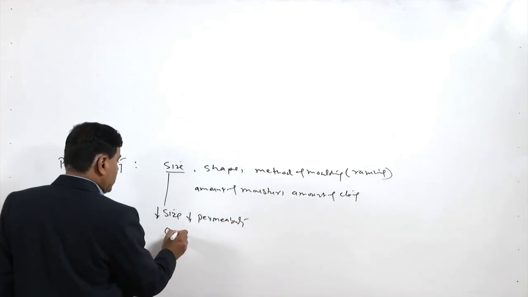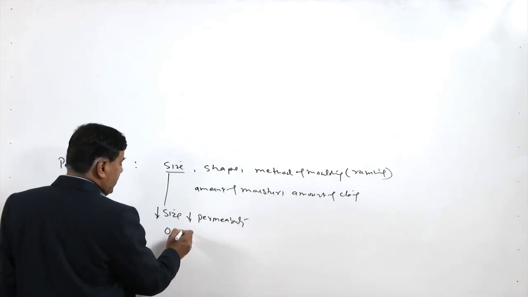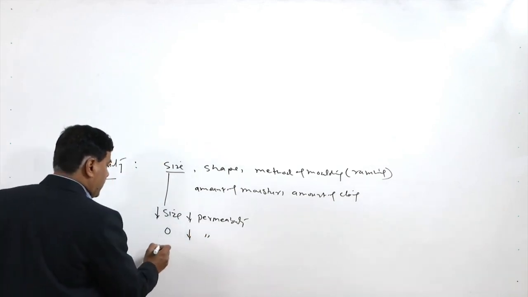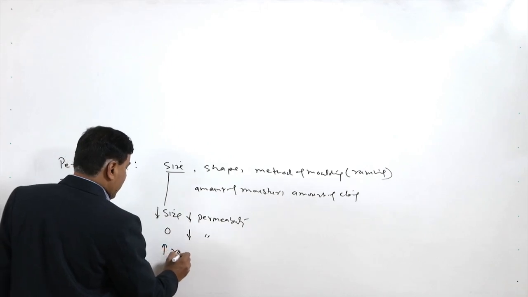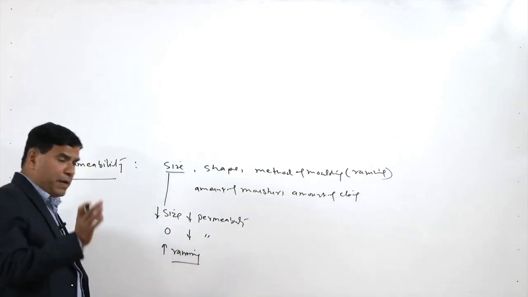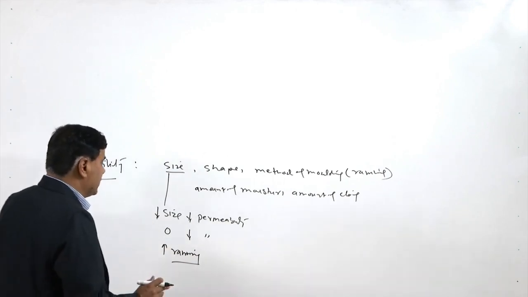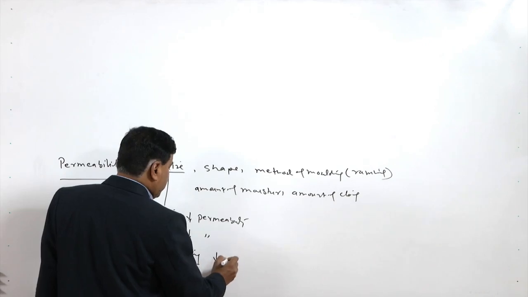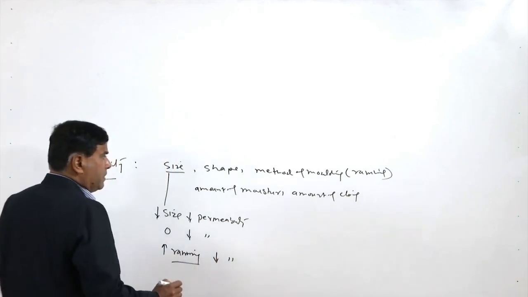Very round shape will lead to reduced permeability, and increased ramming, basically how much packing of the molding sand is done during the molding, in turn reduces the permeability.